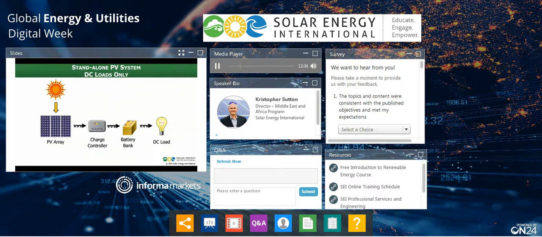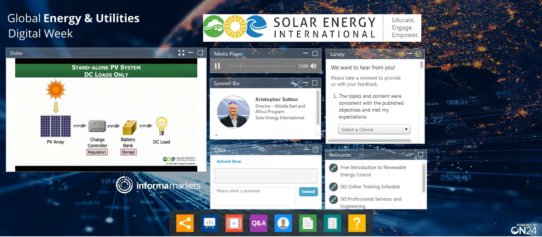Now, in a basic system, we're talking about a DC only system right now. We'll get to adding AC shortly. So in a DC only system, we now have a PV array, our charge controller, our battery bank, and our DC load. The charge controller sits between the PV array and the battery bank, and it is able to turn the PV array off when the battery is full.